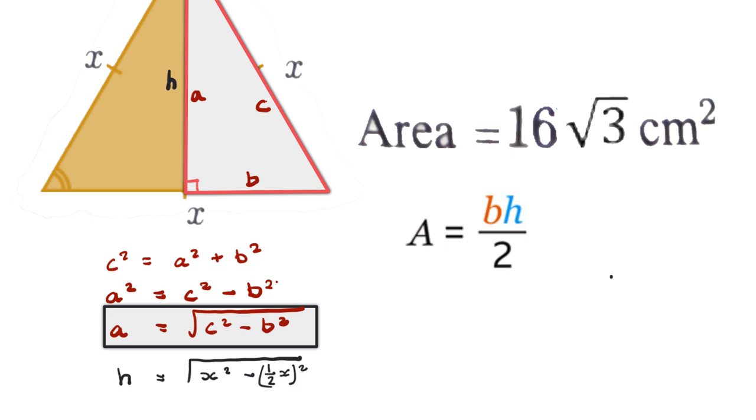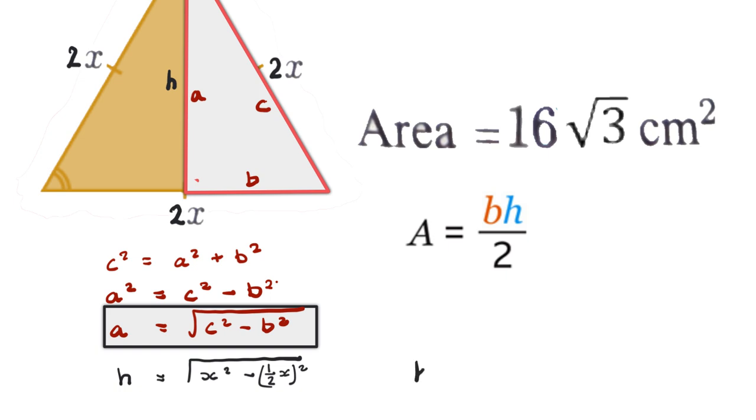So I'm going to stop this right now, because I feel that it would be easier for me if I made this length 2x and this length 2x and this length also 2x. That would not change anything for me, but it will make things easier for me.